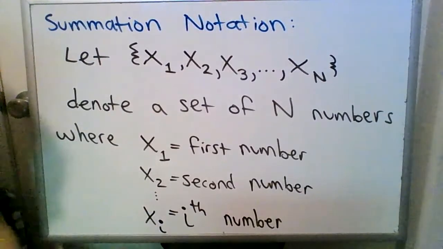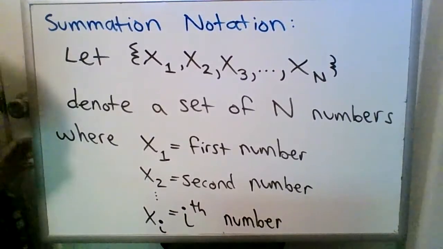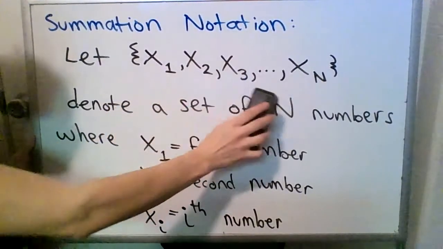Then we're going to sum from I equals 1 to n, all of the values in the set, all of the x of I.